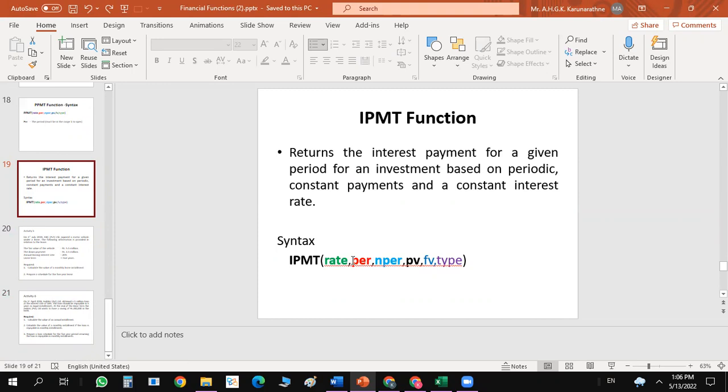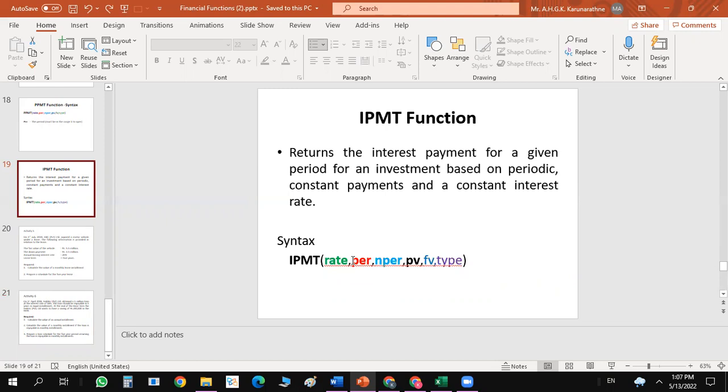Period 1 interest is very high because more loan is outstanding at the beginning. In the second period, third period and later, as you keep paying the loan, your interest payment gets reduced because you keep paying down your outstanding balance.